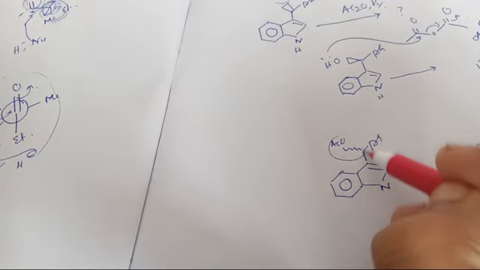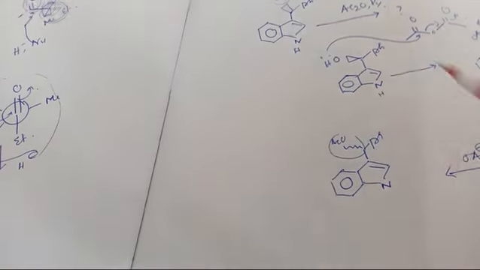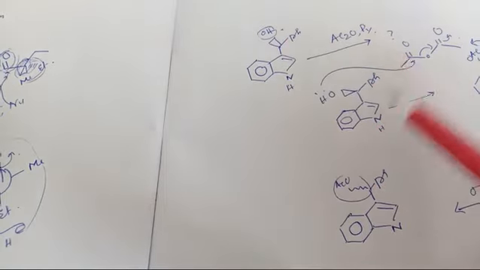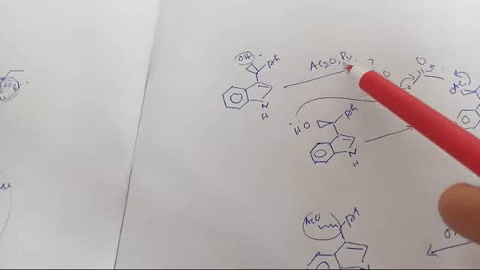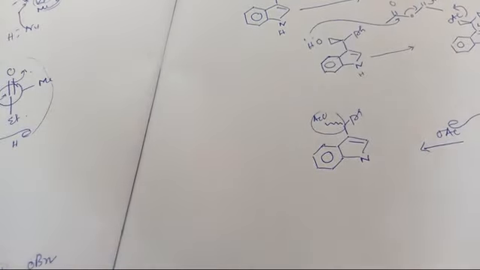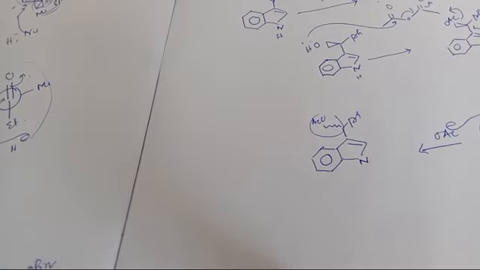So there is no stereochemistry at that bond, you can see. First of all there is a chiral center, but after treating with Ac2O in presence of pyridine, there is no stereochemistry. So basically I am trying to say that there is no necessity that there must be a chiral center.